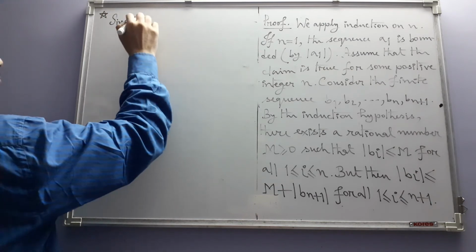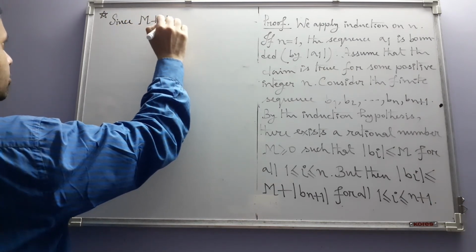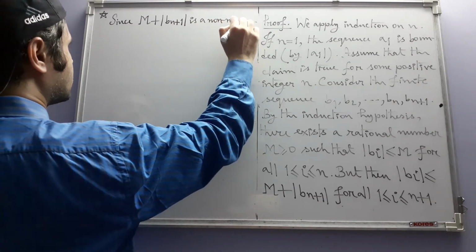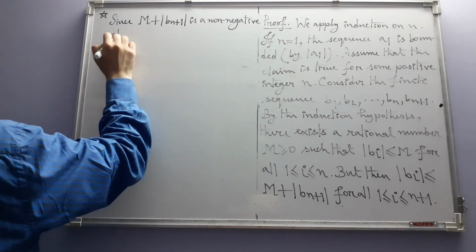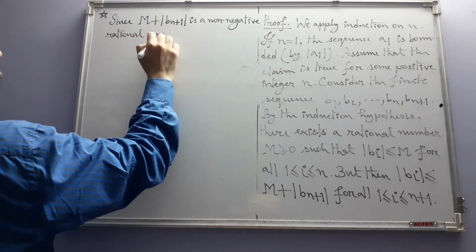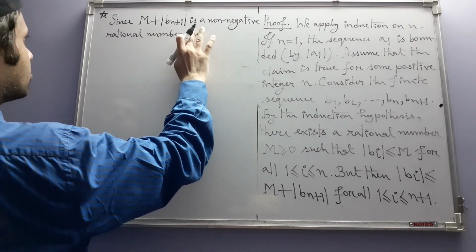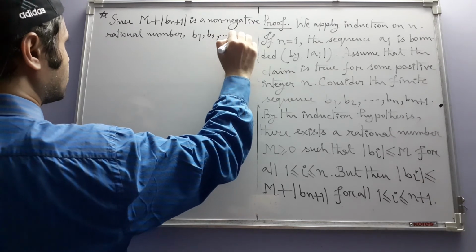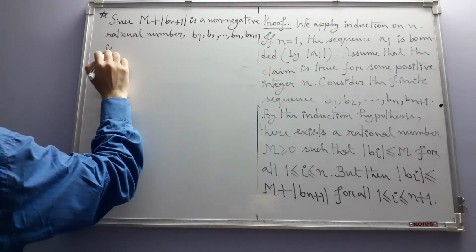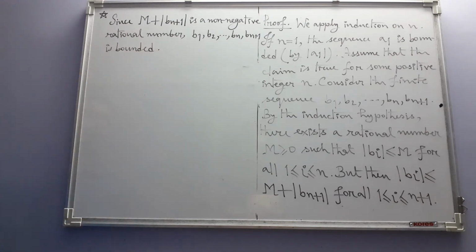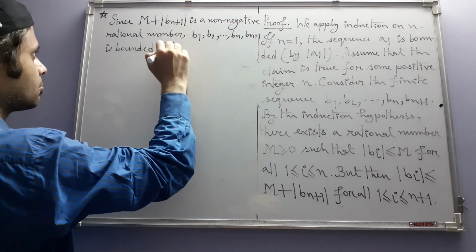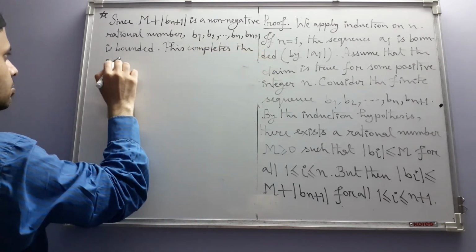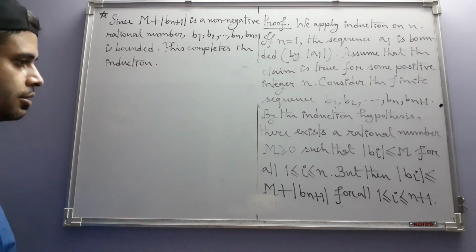Since m plus absolute value of bn plus 1 is a non-negative rational number, this is bounded. This completes the induction and completes the proof.